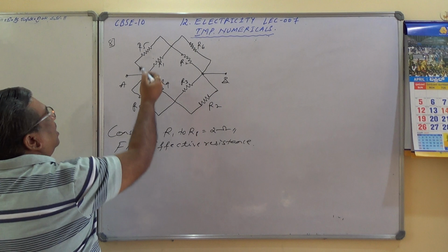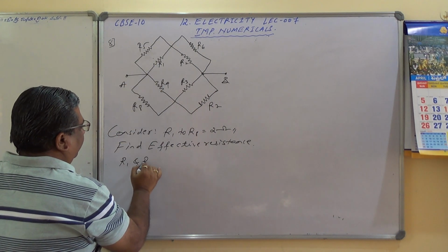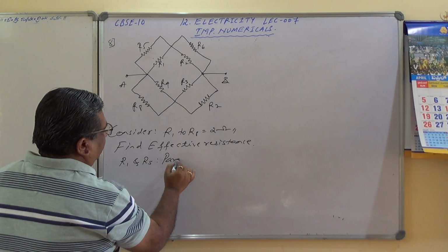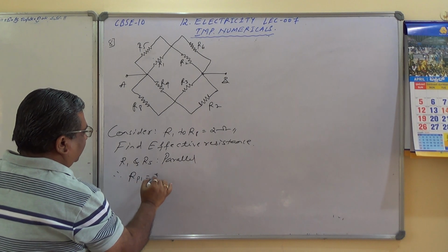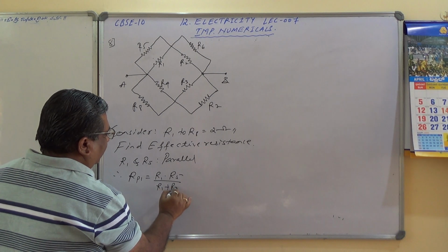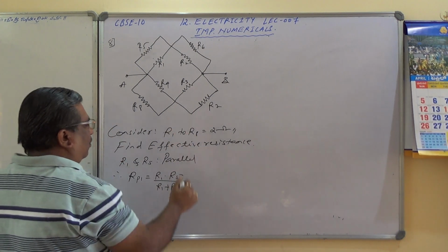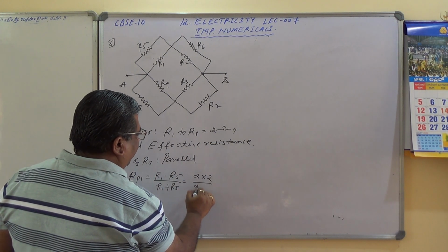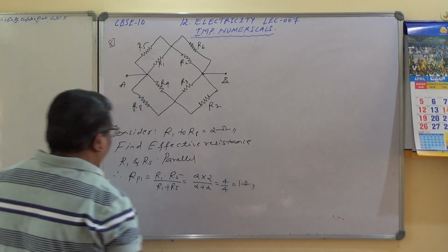Please listen carefully. R1, R5 in parallel combination. Therefore, Rp1 equals R1 into R5 divided by R1 plus R5, which equals, all these are 2 ohms, 2 into 2 divided by 2 plus 2, which equals 4 by 4, which is 1 ohm.